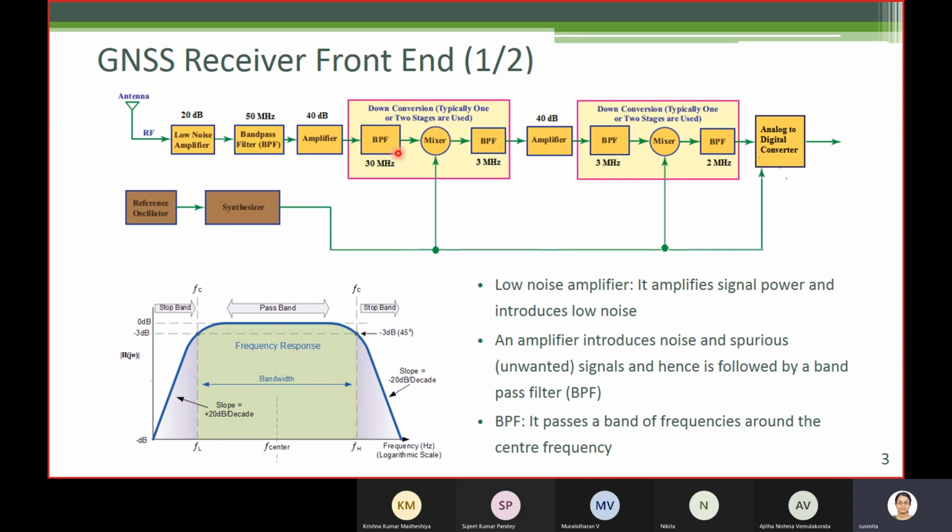So with the help of the preceding band pass filter, we remove image frequencies, and with the help of the following band pass filter, we remove high frequency components. We allow only the desired low frequency component. So this is why mixing is always preceded by a filter and followed by a filter, band pass filter.